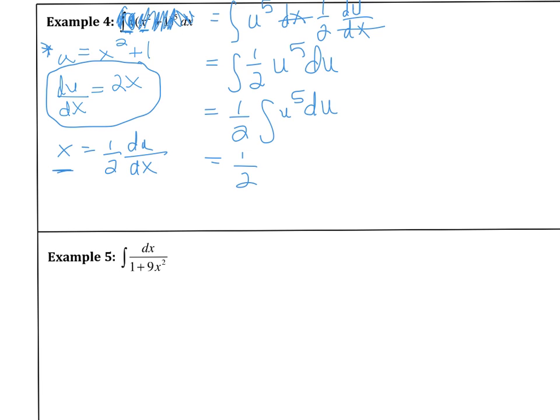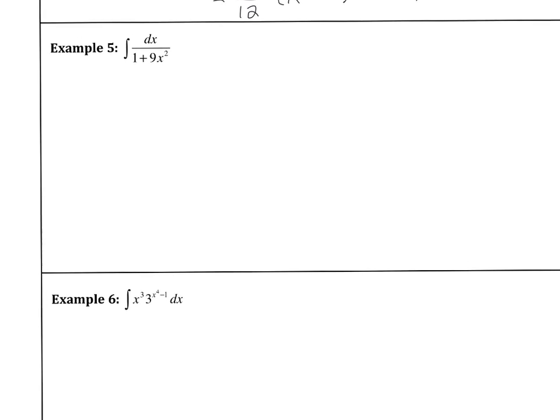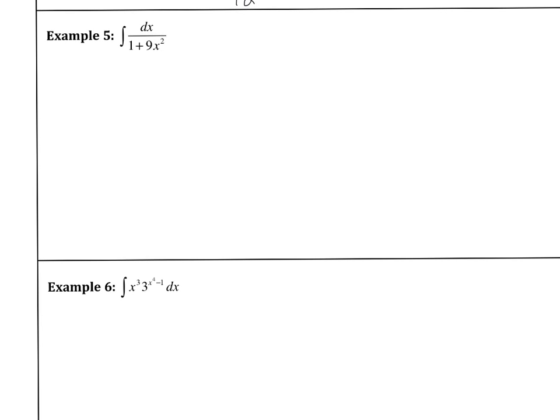The antiderivative is u to the 6th over 6 plus c. Then we'll clean that up and back substitute. So really we'll be looking at 1/12 times, u is x squared plus 1, to the 6th plus c. Done. Great. All right, moving on to example 5.